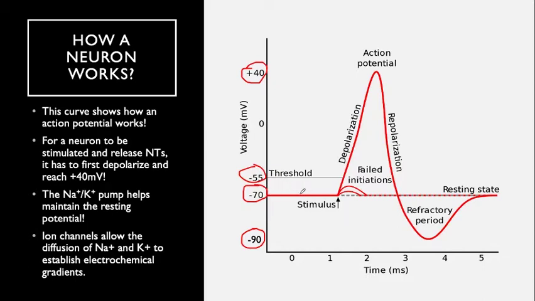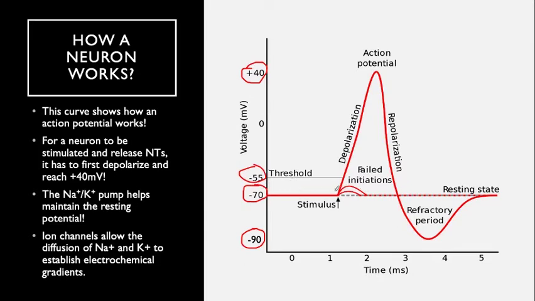That is without any stimulus. That is where the cells or the neurons are naturally at. And then you have a stimulus that has to be good enough to beat or reach this minimum threshold of negative 55 millivolts to actually go all the way to plus 40 millivolts to elicit the action potential, right? If you do not reach the minimum threshold of negative 55, you're gonna have what you call failed initiations.